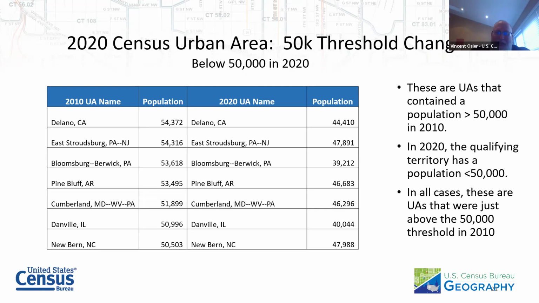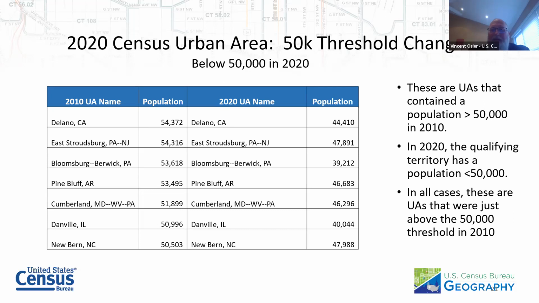So we made an extra effort to look at those areas when we were developing criteria and doing the delineation, but we had to make sure to treat everyone equally, fairly, and defensively. So these were the results of those few out of the total number that fell below 50,000.